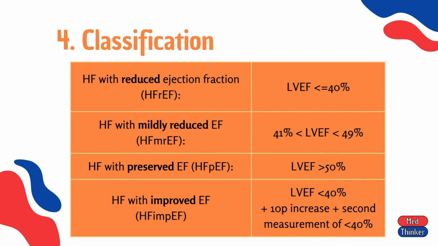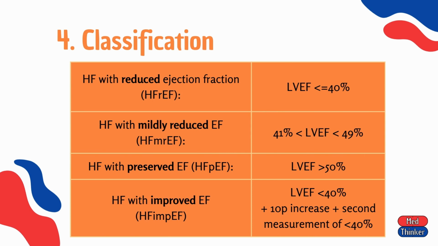That is normal. And finally, we have heart failure with improved ejection fraction. And this is where someone who normally has a baseline left ventricular ejection fraction of under 40%, so normally they have heart failure with reduced ejection fraction, however, on rechecking, we see that they have a 10-point increase relative to their baseline.